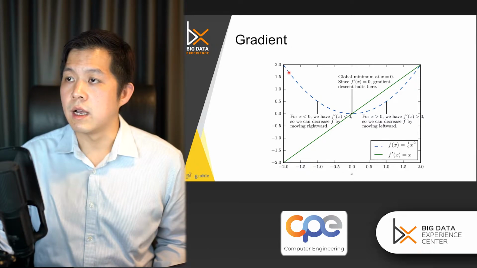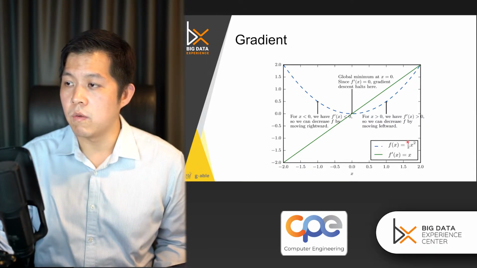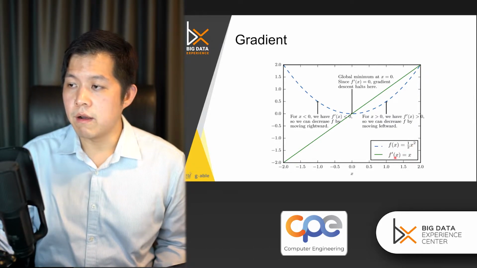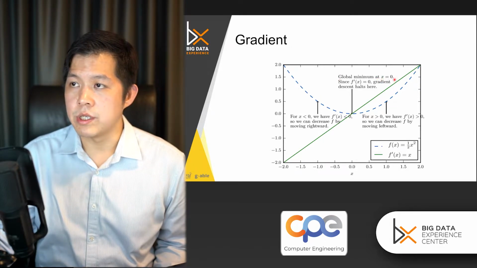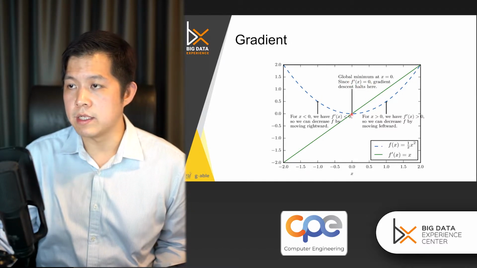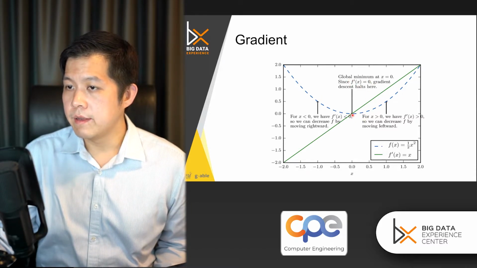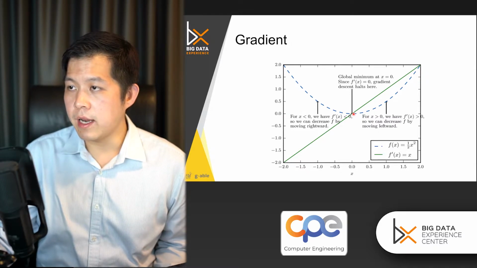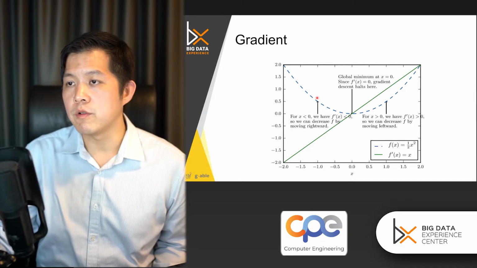We have this function, x squared over 2, and the derivative of this is x. That means at the point of 0 here, we are at the global minimum, x equals 0, and the derivative would be 0 at this point. On the positive side the derivative would be plus, and on the negative side the derivative would be minus, which indicates what would happen when you change the value of x.